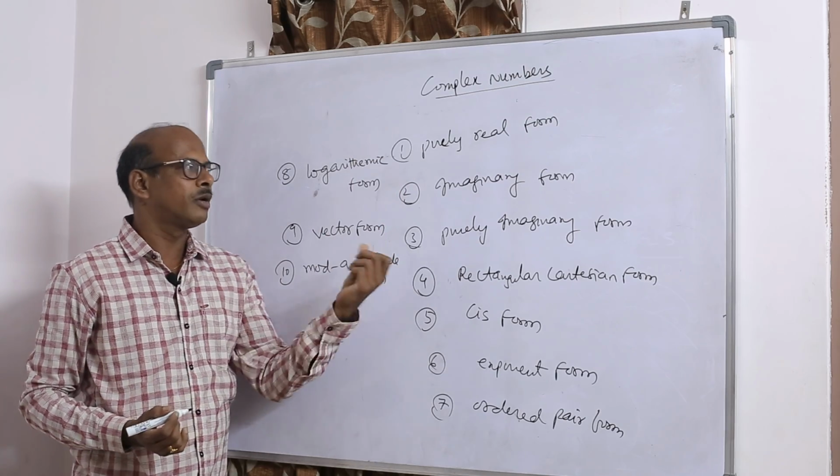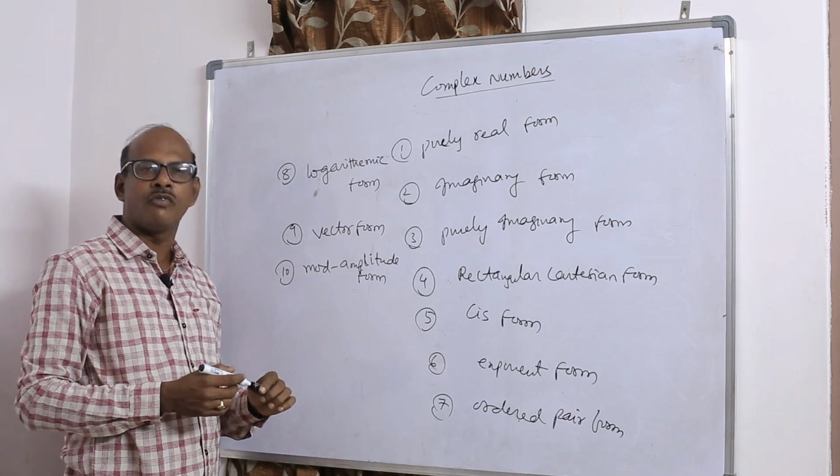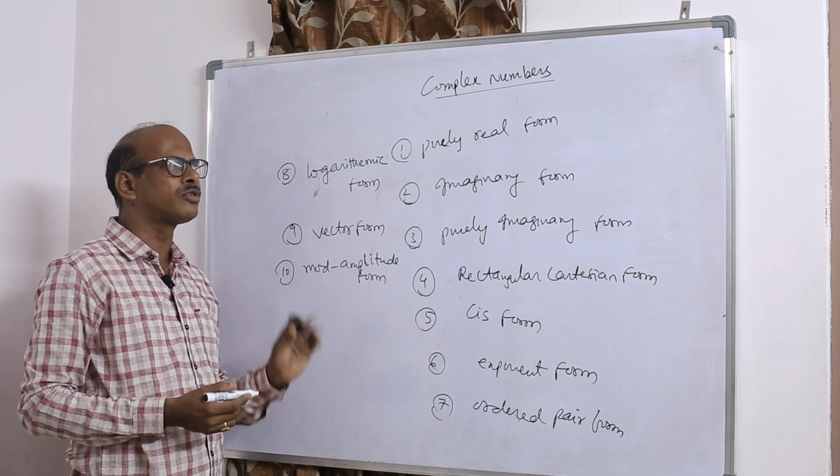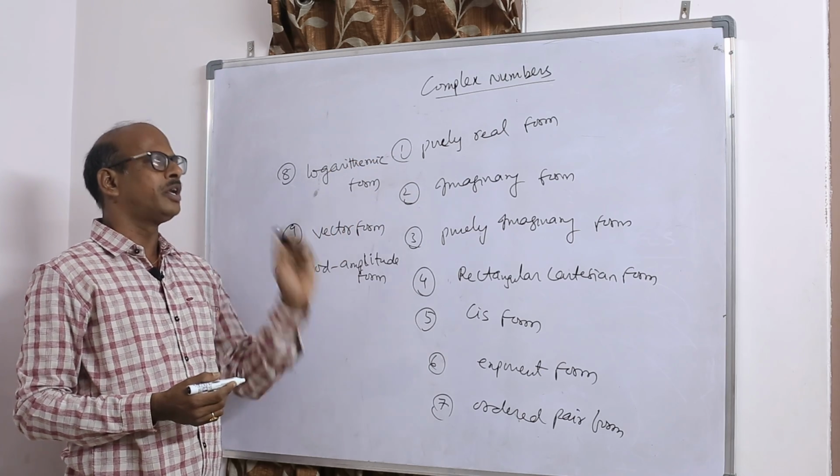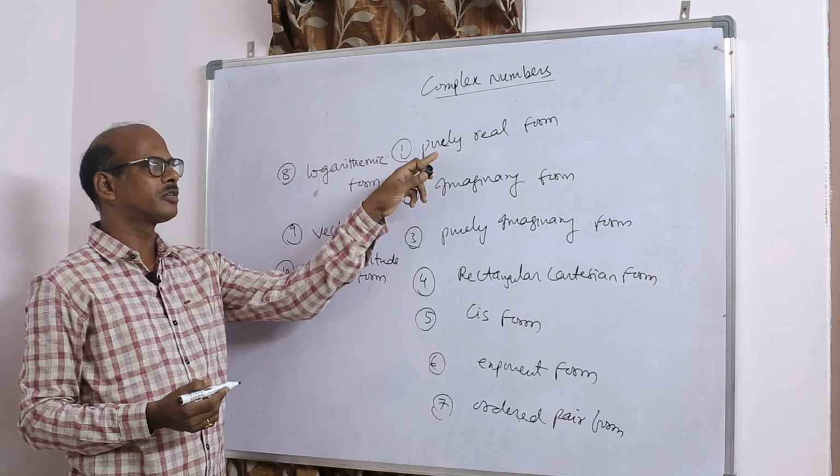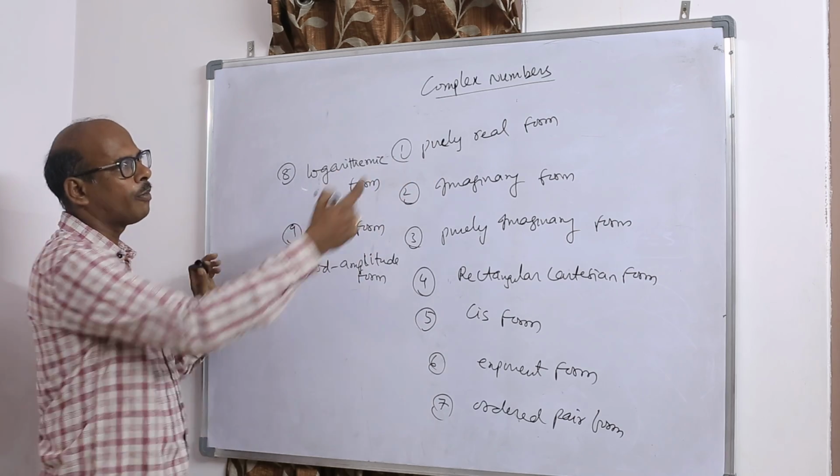Conveniently, like straight lines have general form, parametric form, point slope form, two-point form, and in 3D also different forms, complex numbers have various forms. Now I am going to discuss them in detail.